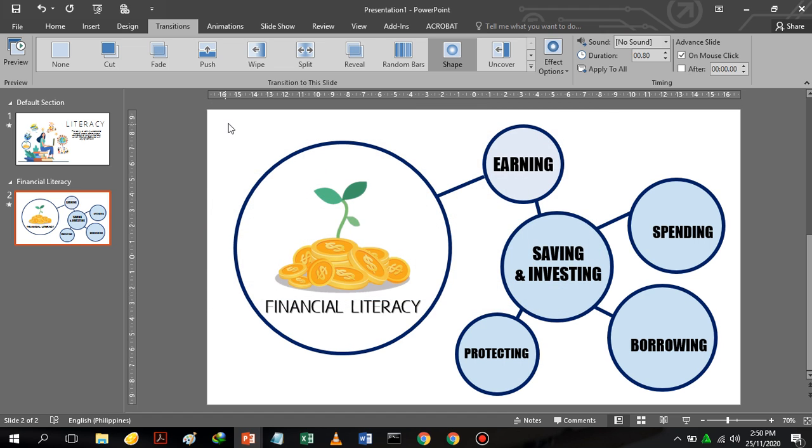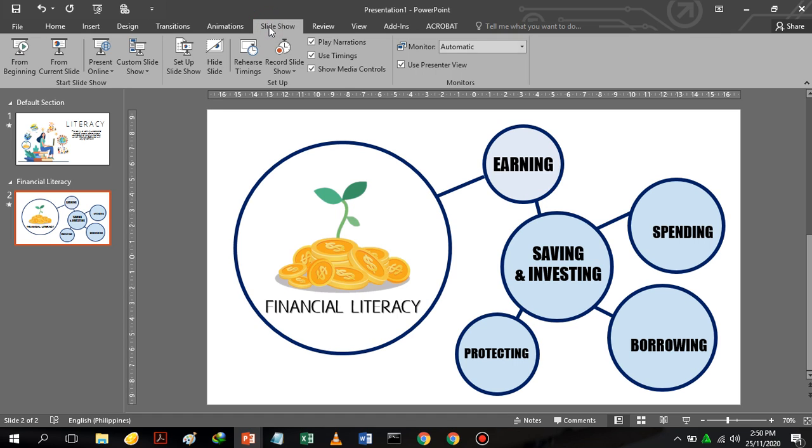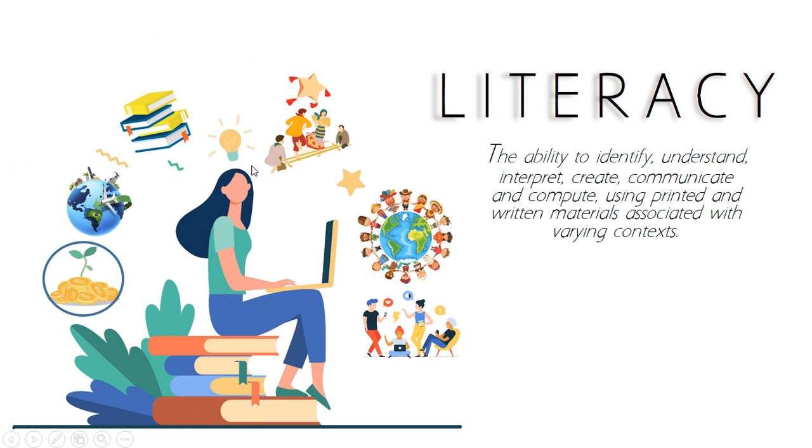Now, to test our work, we're going to go to slideshow tab, then from the beginning. Now, if we click this one, it should be directed to the financial literacy slide.